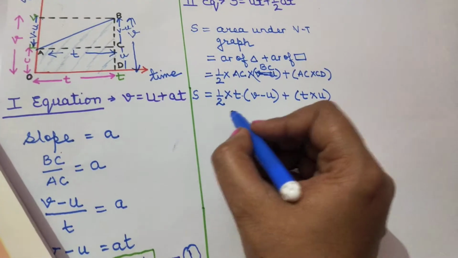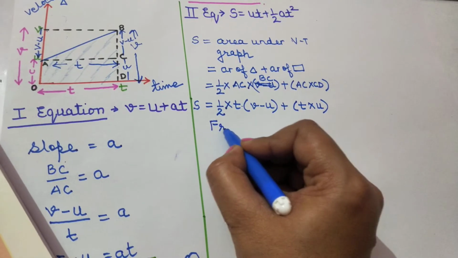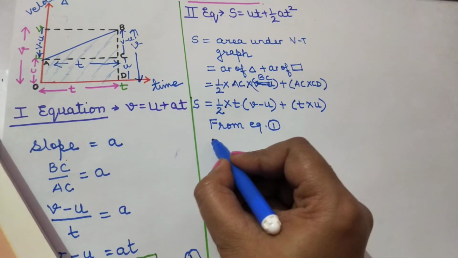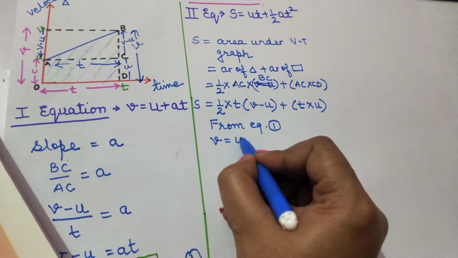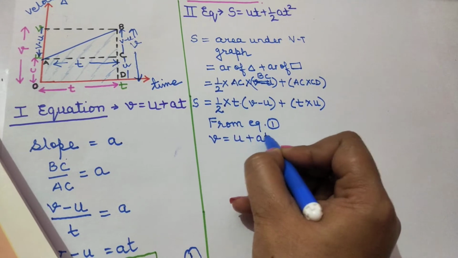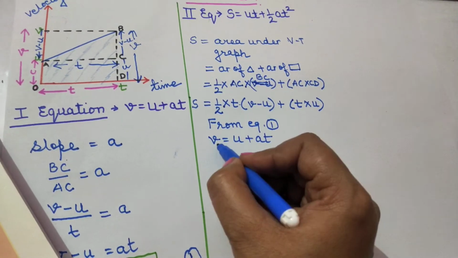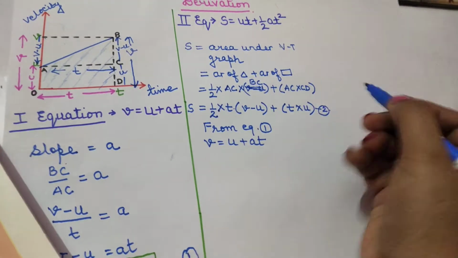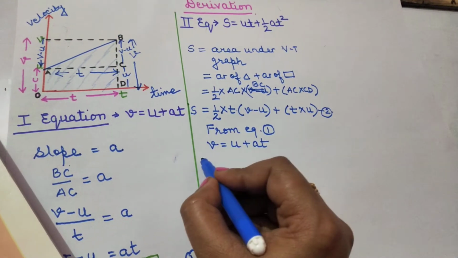So from equation 1, V is equal to U plus AT. Put this value of V in equation number 2. Putting this value in equation 2, what will you get?